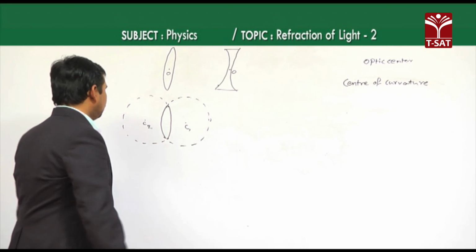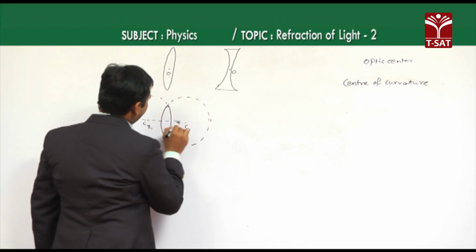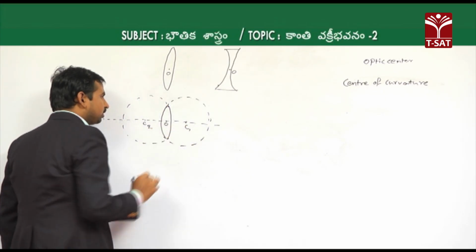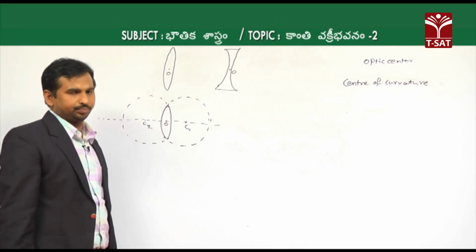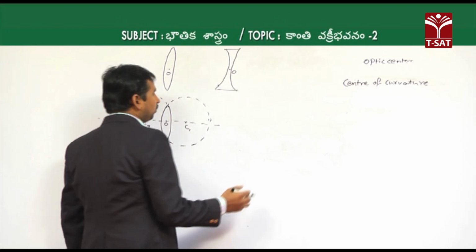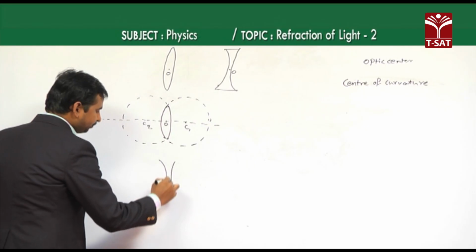Now, take an imaginary line passing through the centers of curvature C1 and C2, and it also passes through the optic center. This is for the convex lens. In the same way, you can take it for the concave lens.